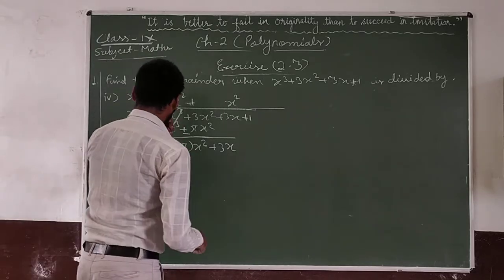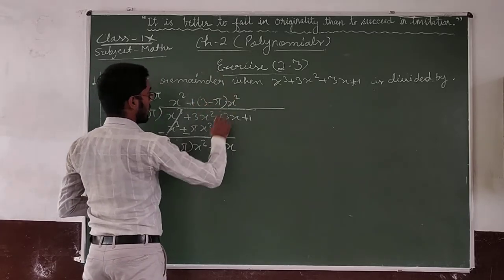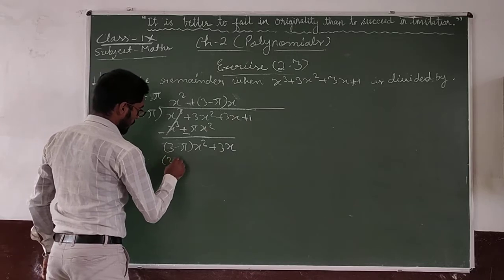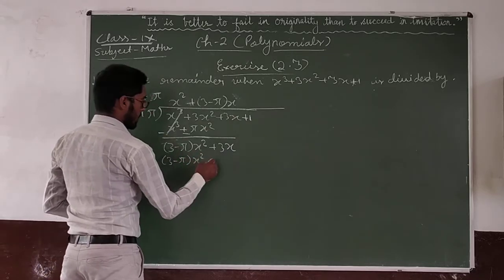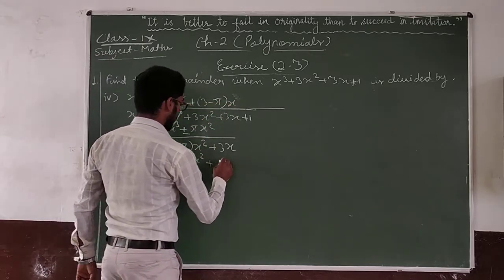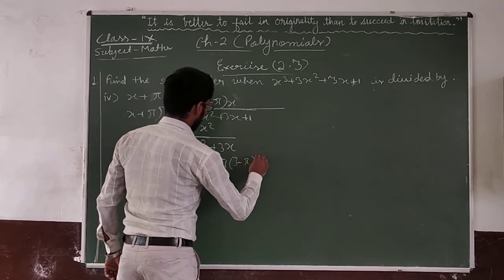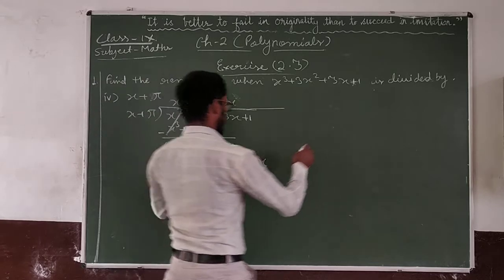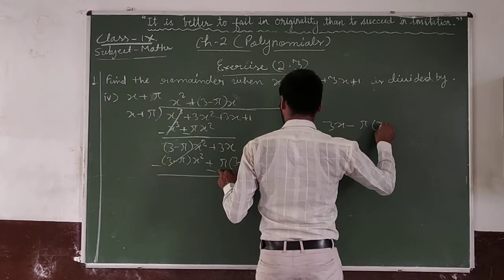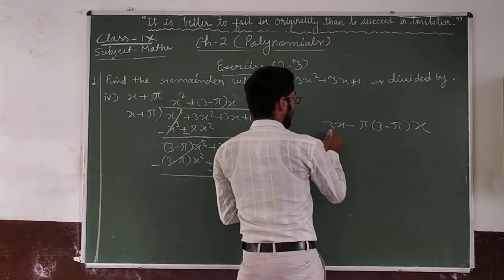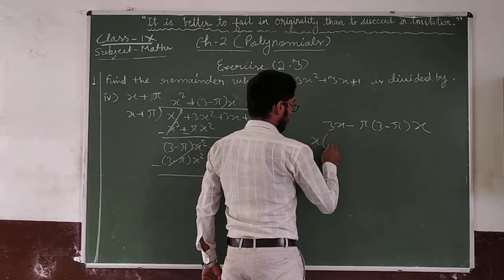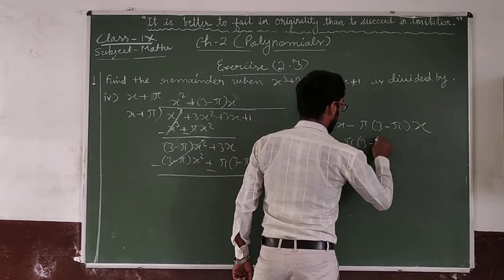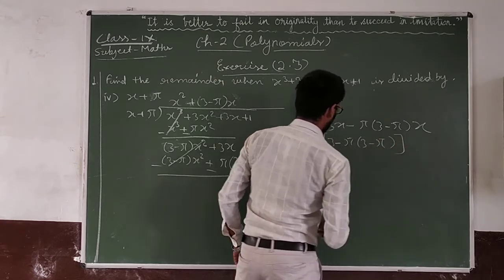Multiply (3 minus 5) by x and you get (3 minus 5)x square, and multiplied by 5 you get (3 minus 5)5x. Now subtract it: this term will cancel. You get 3x minus 5(3 minus 5)x. Here you can take x as common, and you will get (3 minus 5) in a bracket.